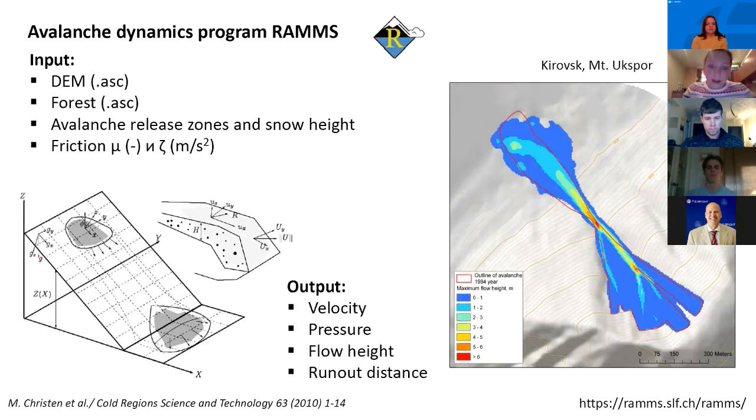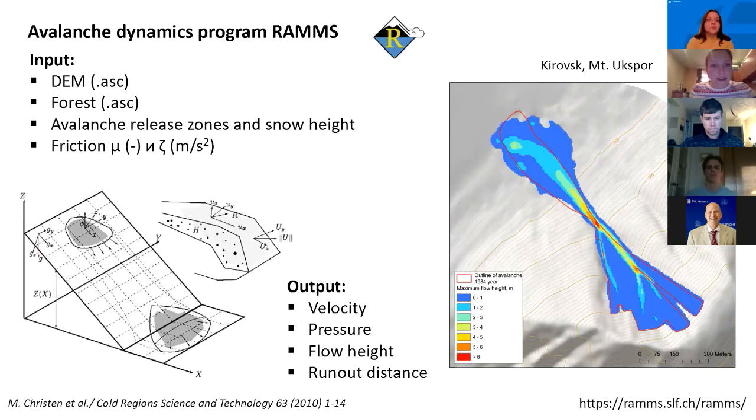So here, this slide demonstrates the information about the avalanche dynamics program RAMMS. This is the two-dimensional model that was developed in Switzerland, and right now it is one of the most regularly used avalanche dynamics models in the world because it gives quite accurate results.